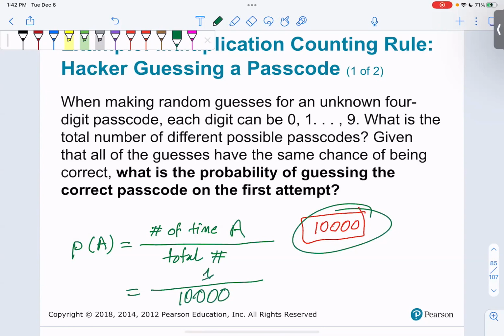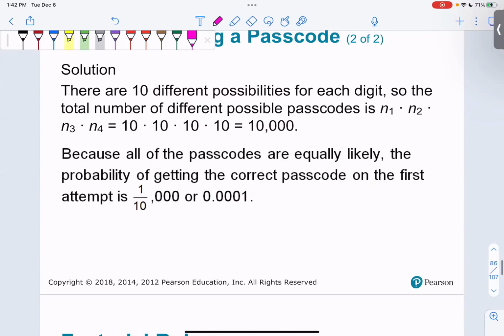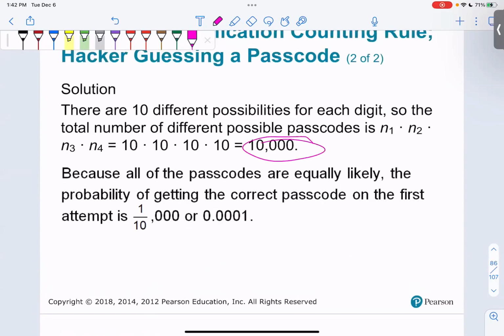Just one. So the answer will be 1 divided by 10,000. So this is the right answer, okay. We have 10,000 different ways to create passcodes, and this is 1 divided by 10,000, which is the answer.